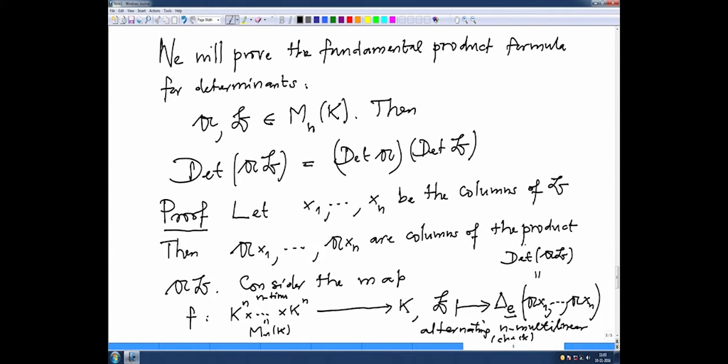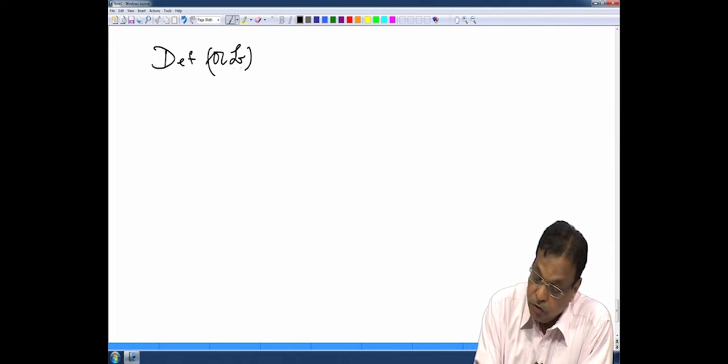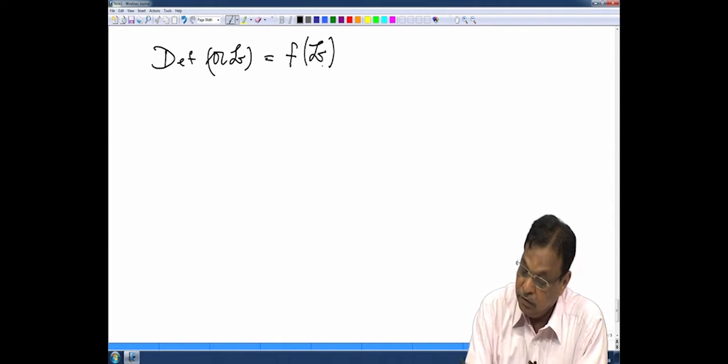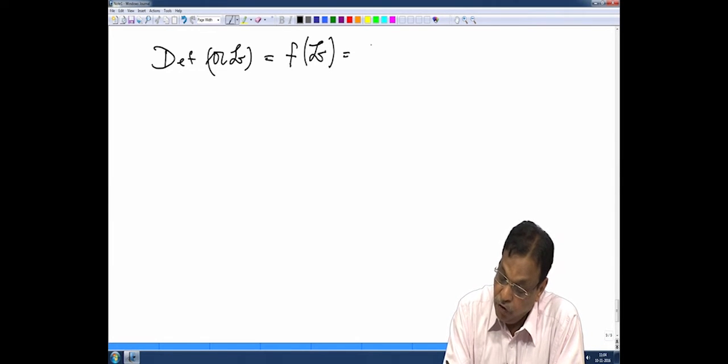So, determinant of A times B is f of the matrix B, that is the definition of f of B, which is f of x1 to xn, the columns of B.